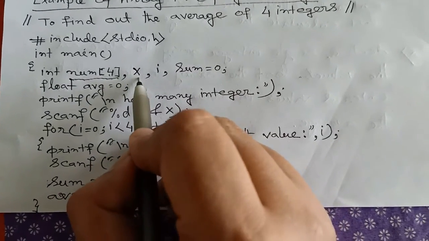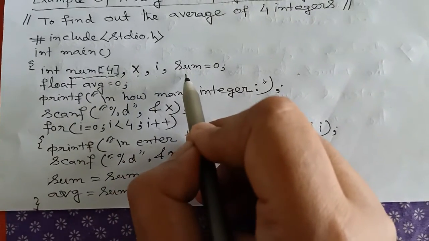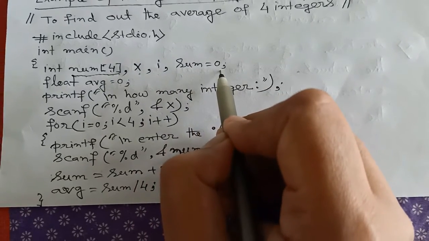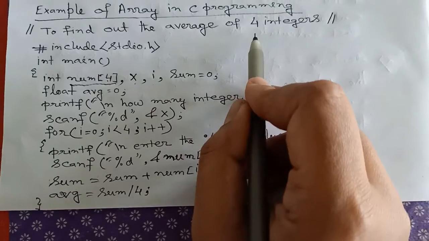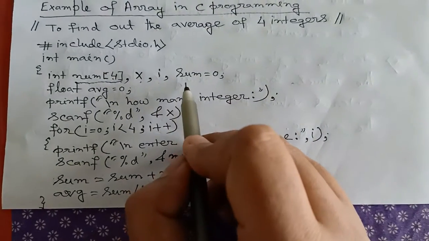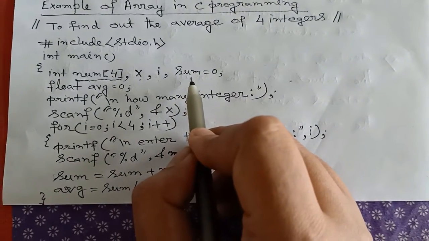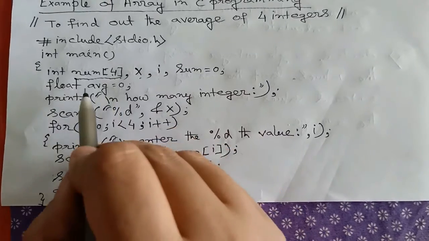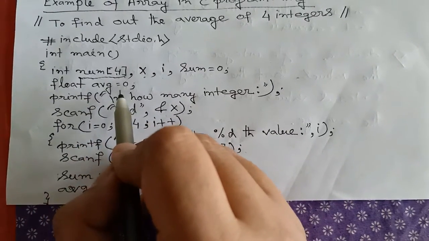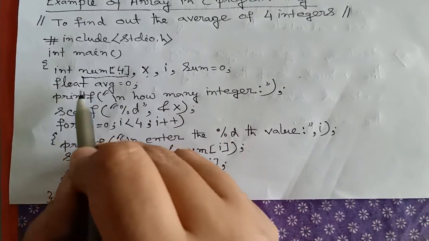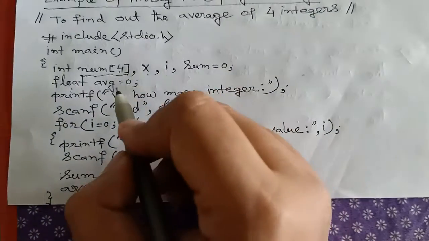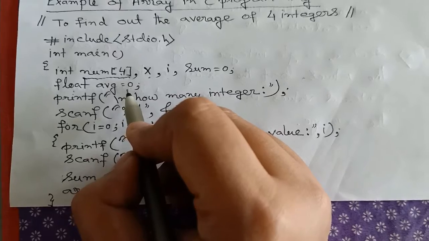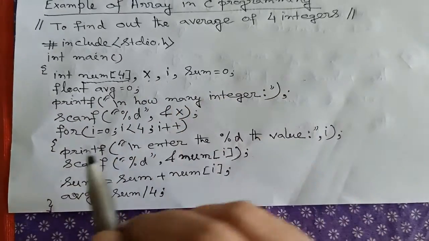Next, x, i and sum equal to 0. Because we have to find the average of 4 integers, we require the sum of the 4 integer values, and then we are able to find the average. So we declare the average as float and assign it equal to 0.